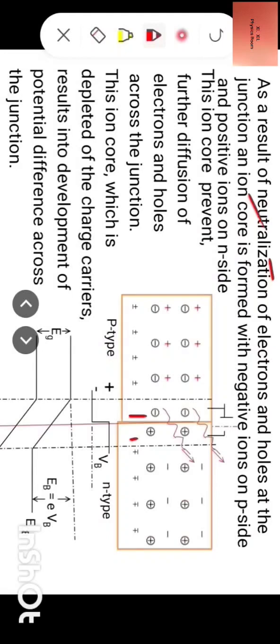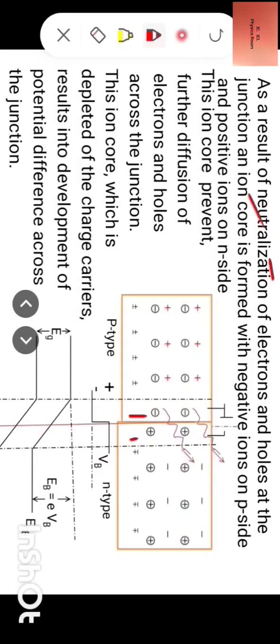Now suppose an electron from n side and a hole from p side are annihilated while crossing the junction. There is a negative ion left in the p-type material and a positive ion left in the n-type material near the junction without any charge carrier.